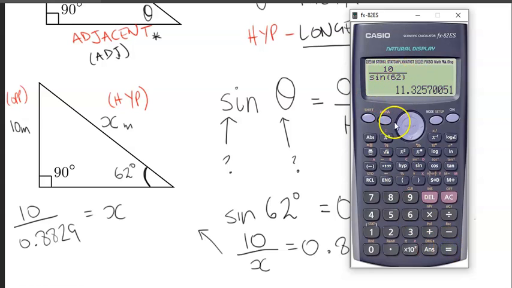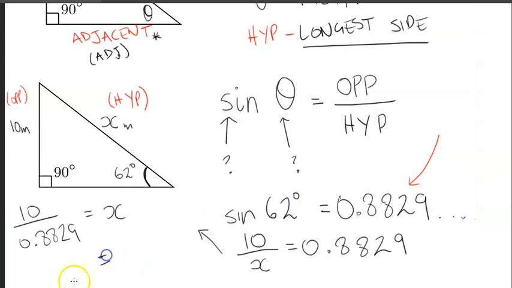Equals, it is 11.32. So my x value is equal to 11.32. And voila! We have found what this length is based on this being 62 degrees.